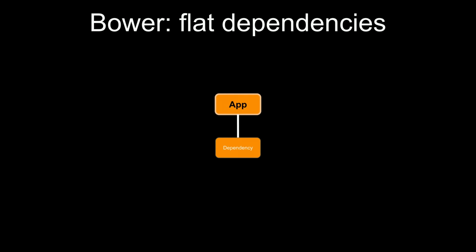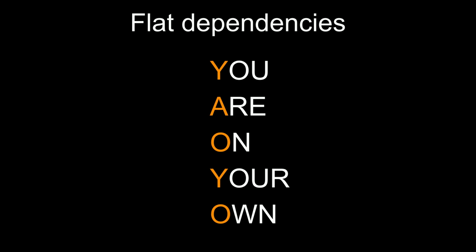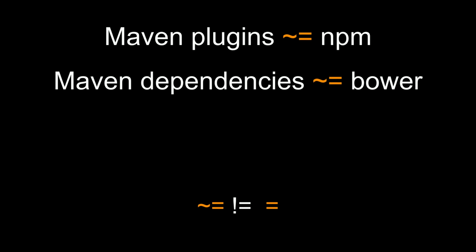You don't get all the dependencies that you need in order to use that library, so you're pretty much on your own dealing with resolving all your dependencies. Doing the analogy with what we know from the server side, we have Maven plugins, tooling stuff, pretty much like the NPM stuff. And the Maven dependencies, the stuff we need in our application. That's what Bower does for us.